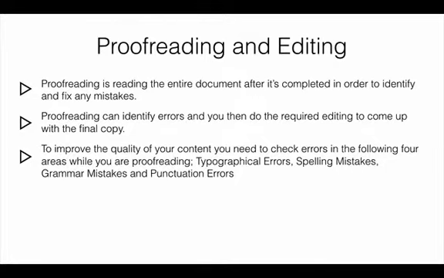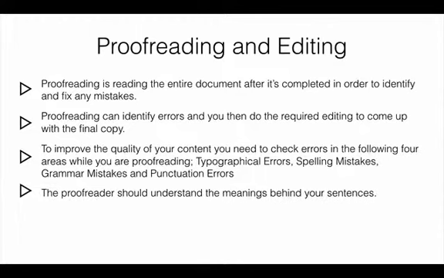You check for the following four errors while you're proofreading: typographical errors, spelling mistakes, grammar mistakes, and punctuation errors. Those are the main things you do when you're proofreading. But you can also adjust for the clarity of your ideas, the clarity of your argument, and any mistakes in your sources.